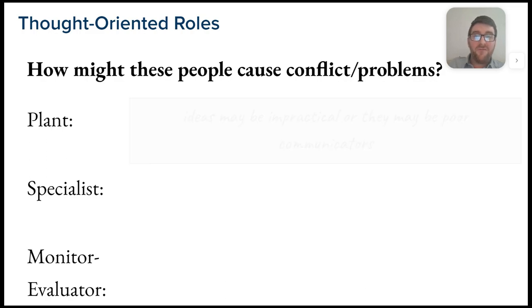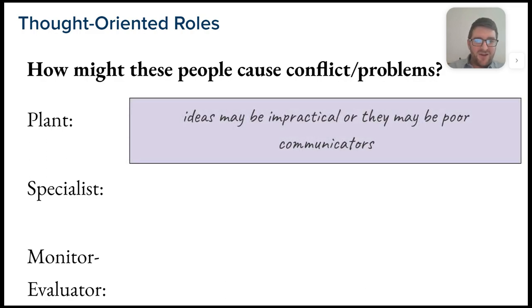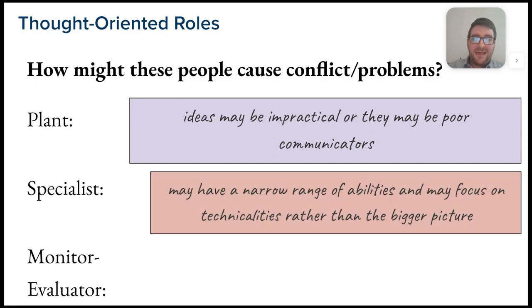So, the ways they can cause conflict. Plant, it's a bit stereotypical. The idea of the creative genius who maybe cannot communicate his ideas clearly, or she cannot be practical about how this idea can become reality. Specialists, maybe they can't do anything else really. But that's okay, that's their job.